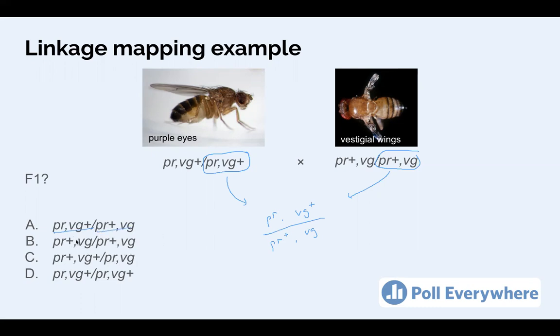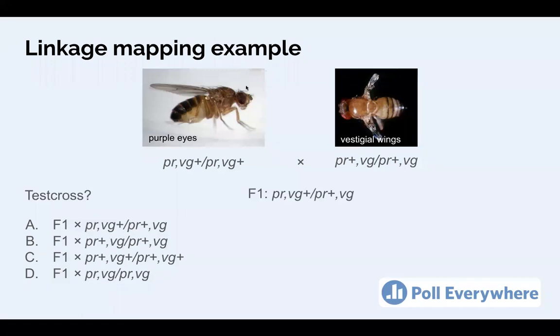These other options have a plus and a plus, so that's not even the right combination. This is a homozygous individual again. This one has them in the opposite arrangement to what they actually have, and this one's another homozygous individual. So A is the correct answer here, and that's going to get put onto our next slide as we carry this forward.